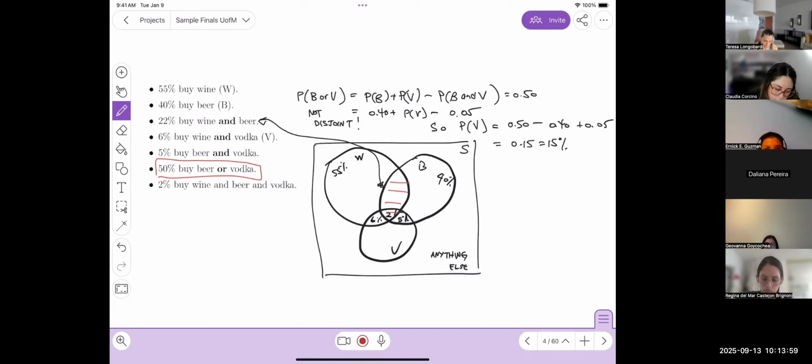So that's going to be 22. And then the 5% was beer and vodka.